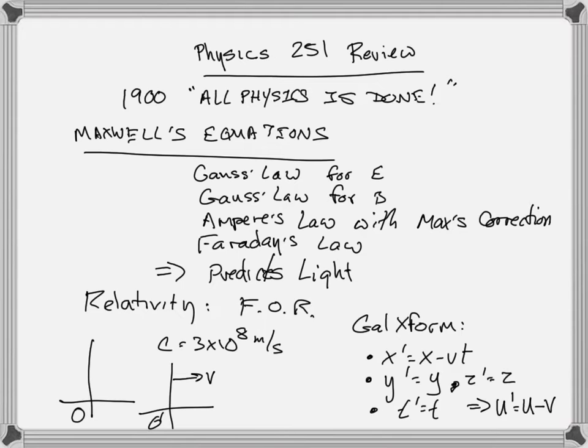The example I gave was that v is in the negative x direction, so you're going towards each other. If a car is in this frame going at speed u, according to the primed frame it's going u minus v. If the primed frame is going in the negative x direction, then it's going u plus v.